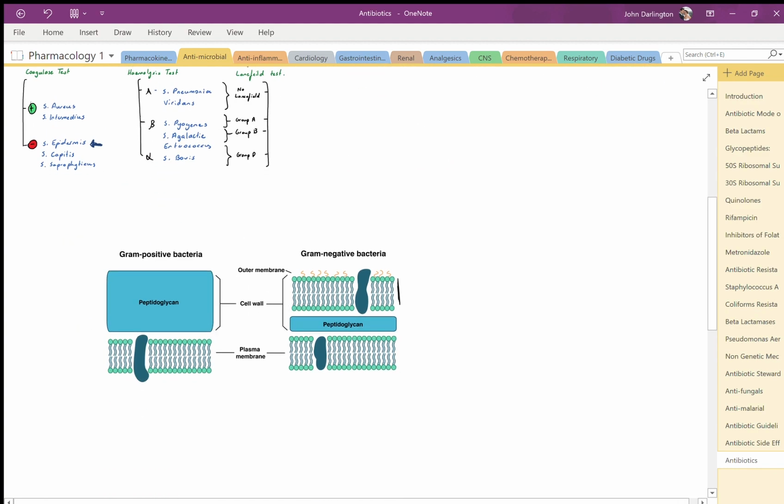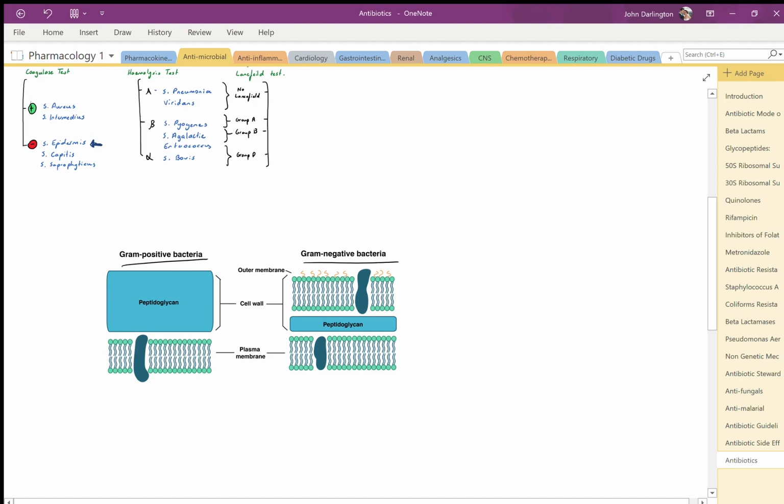So bacteria have a cell wall, and that's actually really important, because humans or animals or any sort of eukaryotic cell, which is basically animal cells, don't have cell walls. We just have cell membranes. But as I've just said, bacteria have both. And you have gram-positive bacteria and gram-negative bacteria cell walls.